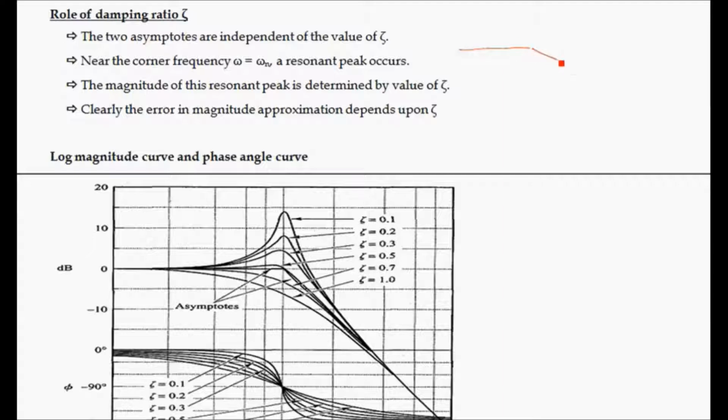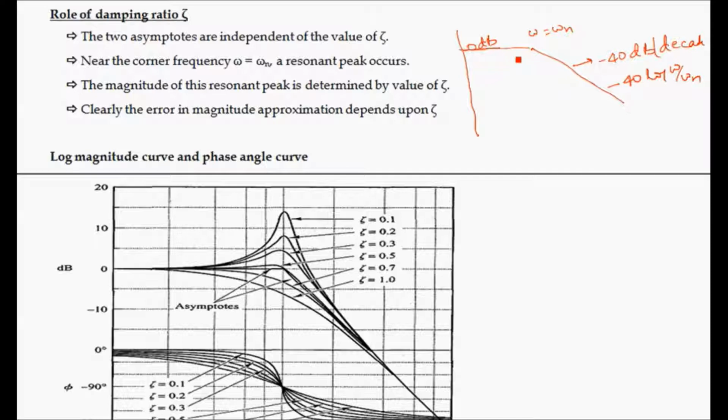The line has a slope of minus 40 dB per decade. So ideally these two asymptotes are independent of the value of zeta, that is, the damping ratio.